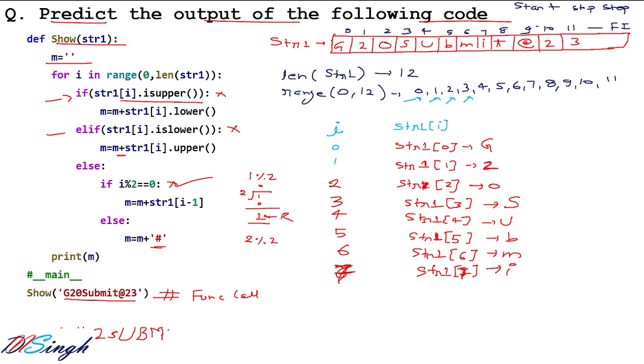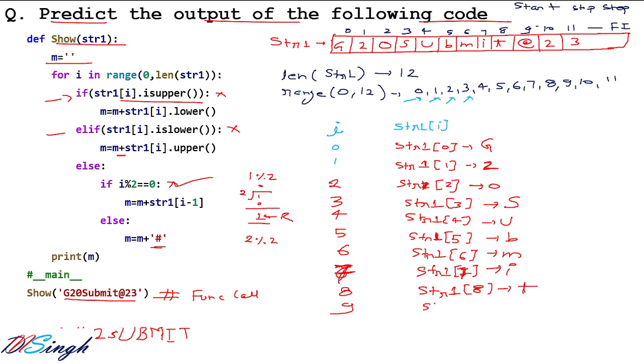That is also in small case. It is converted to capital case and then added into the string which we declared at the start, m. Next index is 8. The value at index 8 in str1 is what? P. That is in small case, so it is converted into capital case and added.